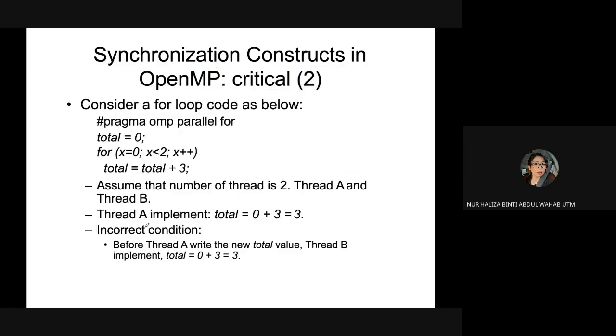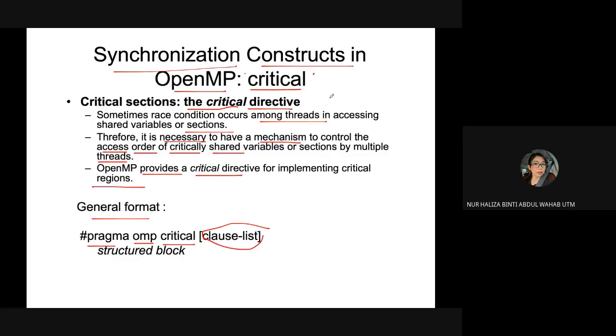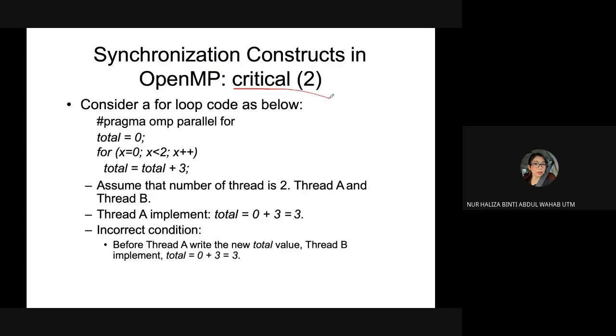Over here, you can see an example of when you want to apply the critical directive in your OpenMP. Let's say you're going to consider a loop. This is the code that was given: pragma omp parallel for.